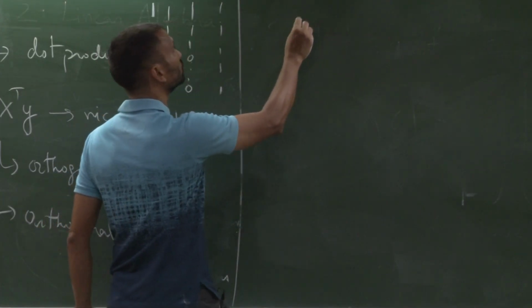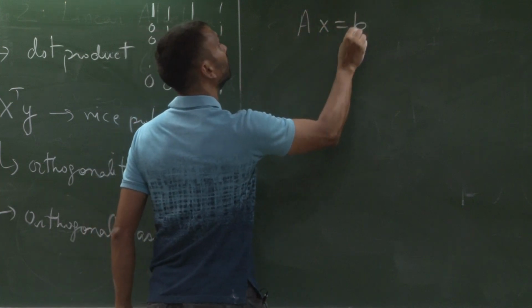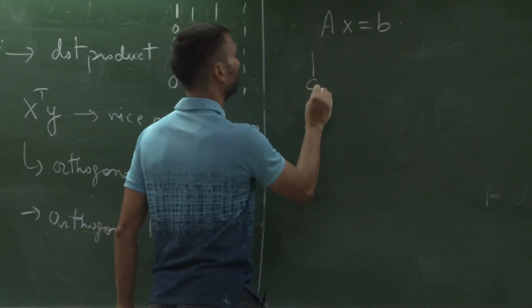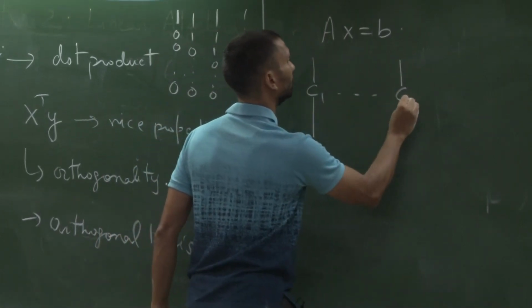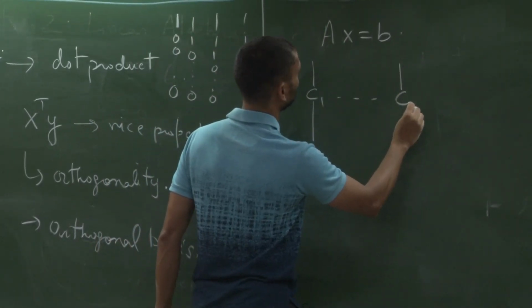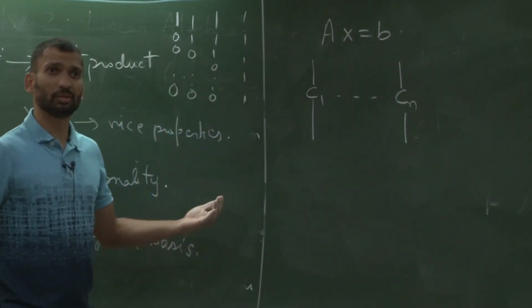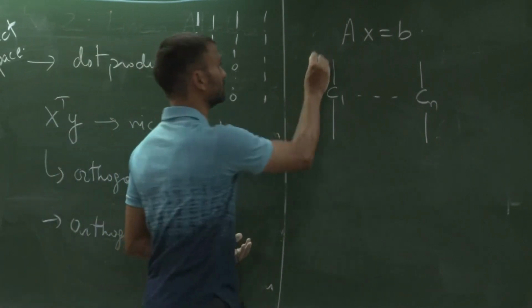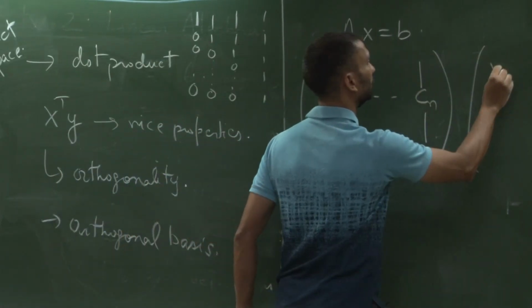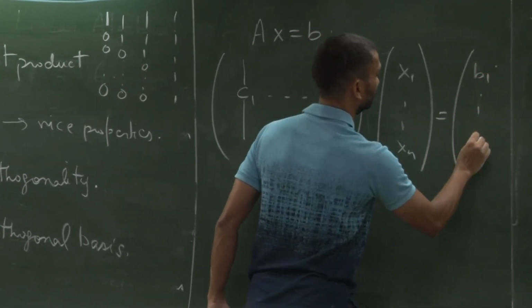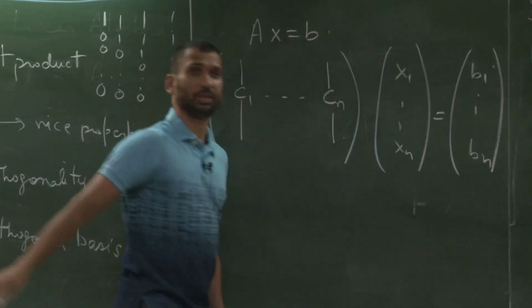Attempt to solve Ax equal to b. Let's say A is m cross n, so there are n columns, C1 to Cn.